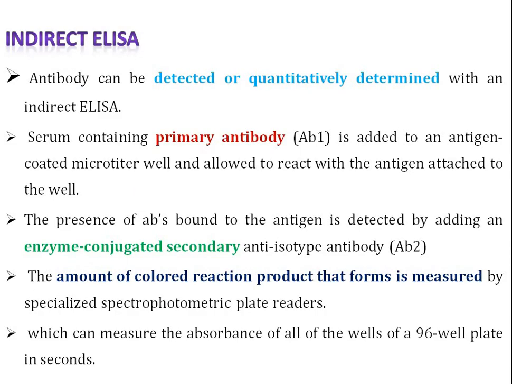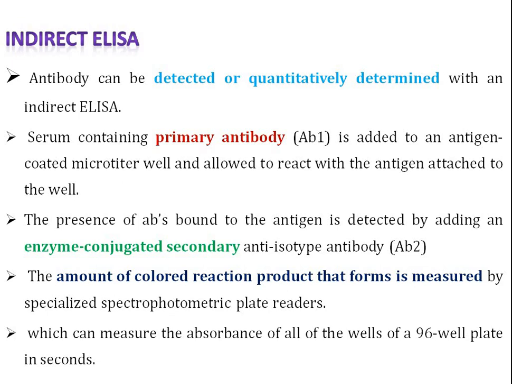In indirect ELISA, antibody can be detected or quantitatively determined. Serum containing primary antibody, like patient serum, is added to an antigen coated microtiter well and allowed to react with the antigen attached to the well.